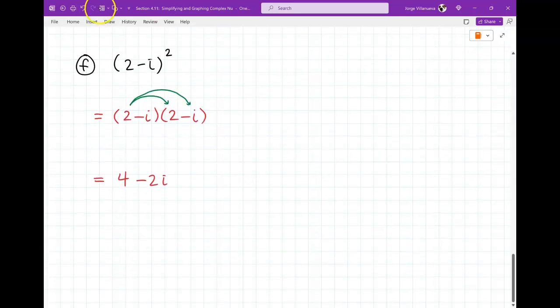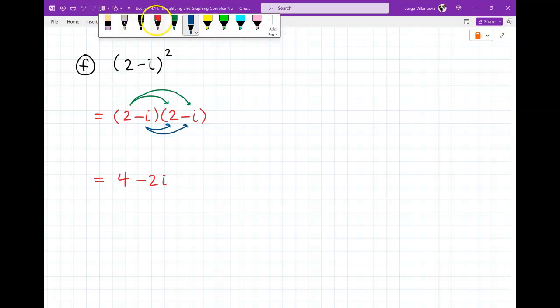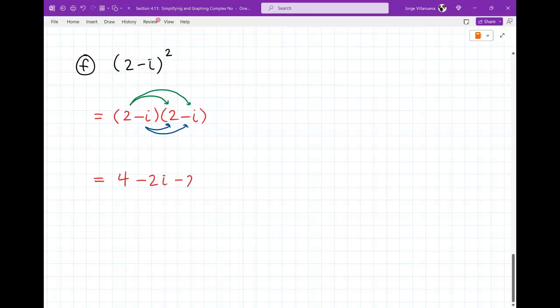And now I'm going to go with the negative i, the second term. So negative i times 2, negative i times negative i. I'm going to multiply those together. So negative i times 2 is negative 2i, and negative i times negative i is a positive i squared. Now let me simplify a little bit.